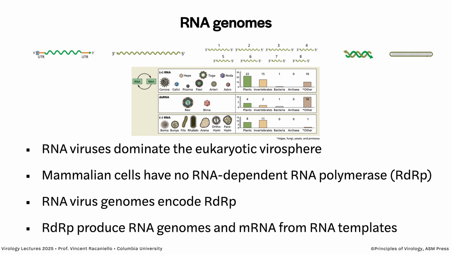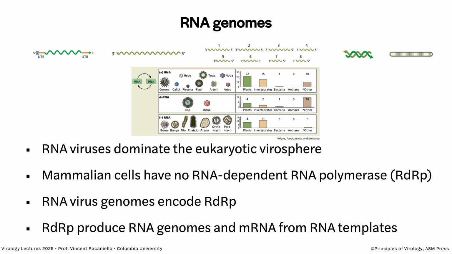The key to understanding RNA viruses is that mammalian cells have no enzyme to copy them. They have no RNA-dependent RNA polymerase, which you would need to copy an RNA into another RNA.